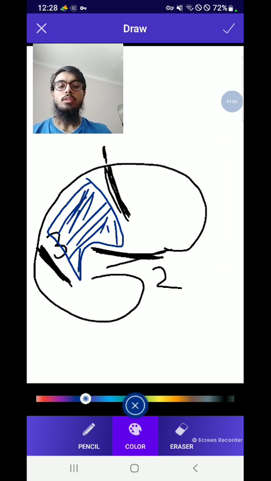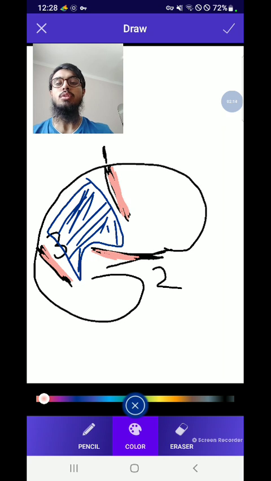Okay, the borders of the parietal lobe, if I change the color: anterior to the parietal lobe is the central sulcus. Inferior to the parietal lobe is the lateral sulcus. Posterior to the parietal lobe is the parieto-occipital sulcus.